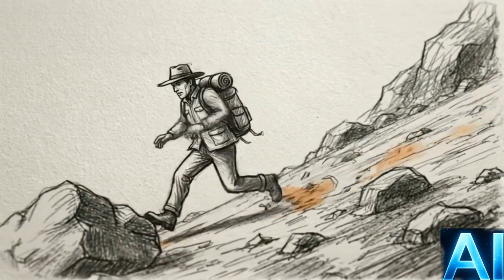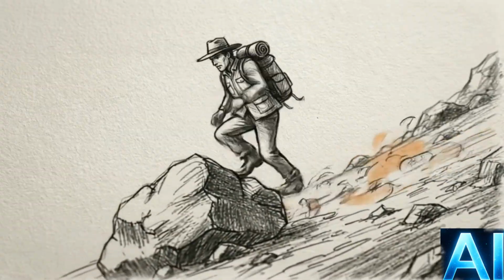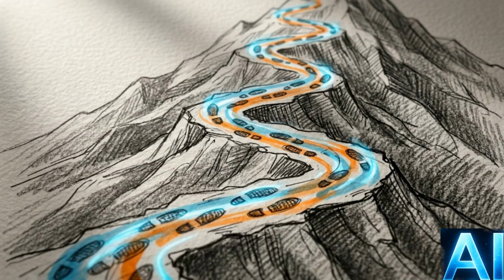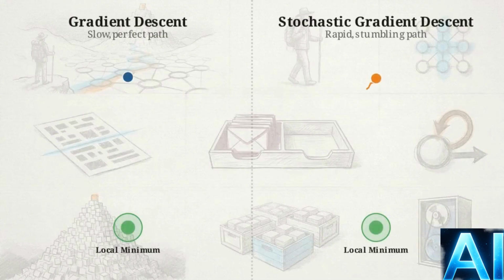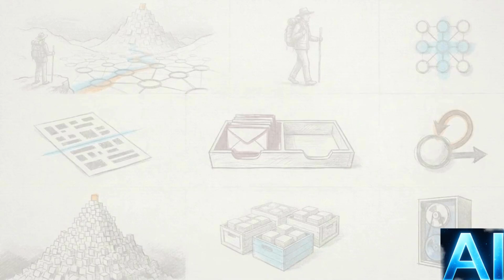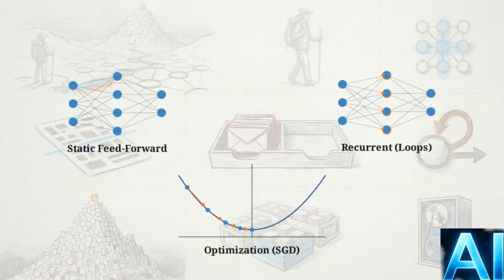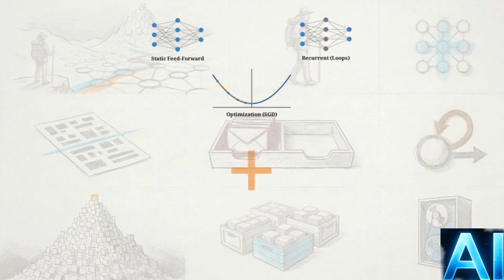The individual steps might be slightly off target or zigzag a bit, but because the hiker doesn't stop to overthink, they move incredibly fast. The stumbling path is definitely messier. But taking hundreds of rapid, good enough steps gets the network to the bottom of the hill vastly quicker than slow, perfect deliberation.